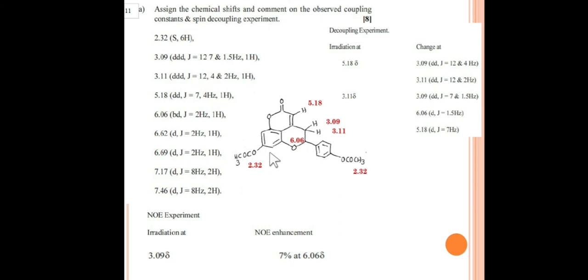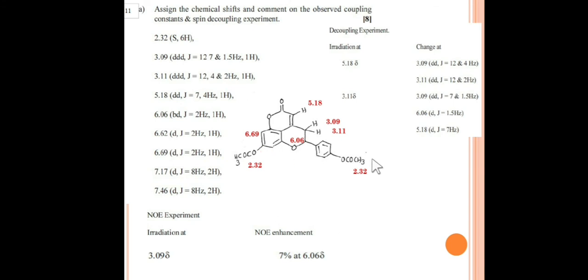So let's assign the 6.69 signal, which is showing a doublet. 6.69 is a bit downfield, with an almost similar chemical shift, but we will assign 6.69 to this proton because it is in between two electron withdrawing groups, OCOCH3 and OCO. So I will assign 6.69 to this proton and 6.62 to this proton.